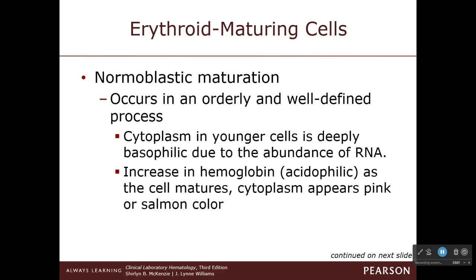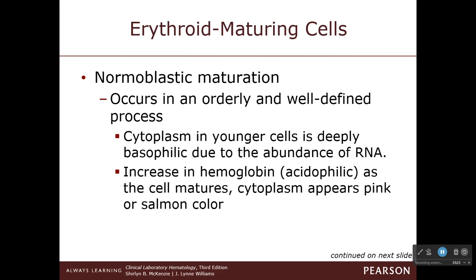The cytoplasm of younger cells is deeply basophilic. Anytime you see the word basophilic, it literally means base lover. Basophilic means they're going to love the blue dye, the blue stain.